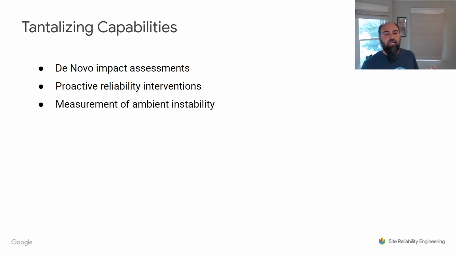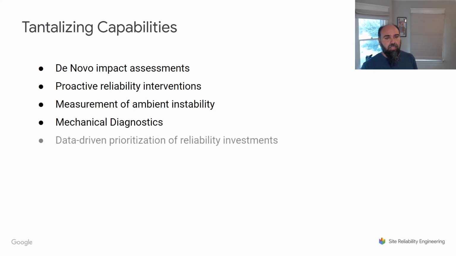I think we're starting to be able to measure ambient instability, and that opens up a lot of interesting questions about what the dynamics of our services are. Mechanical diagnostics, again, this is really, really transformative in terms of what we can do with it. And I think this is really getting us towards this situation where we'll be in a position to start to prioritize reliability investments based on the data that we have.